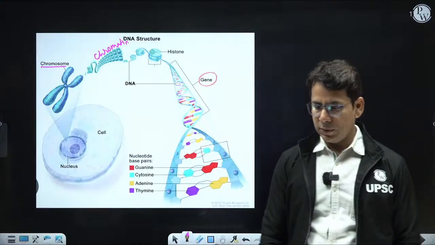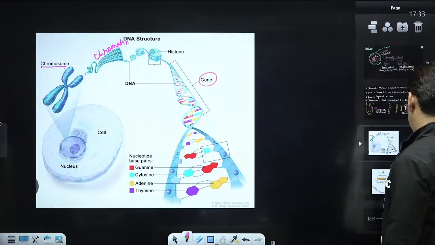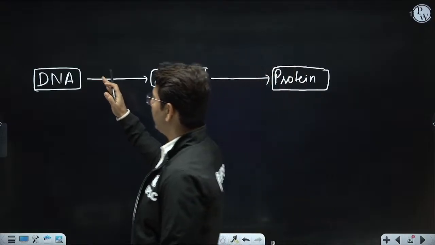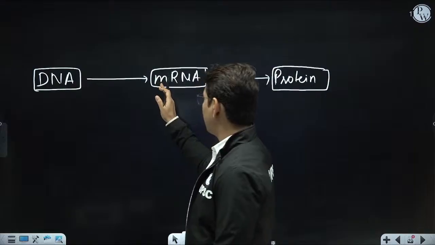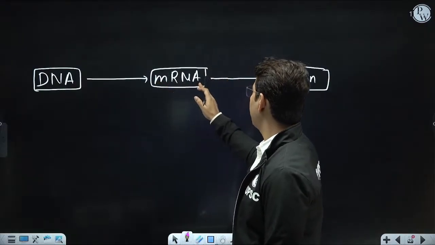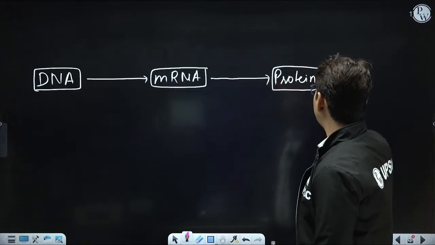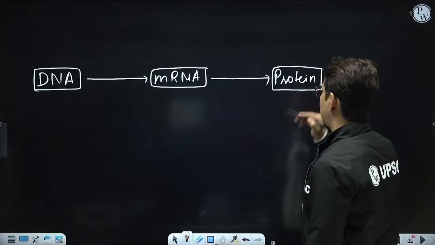Okay? And now we are coming back to the same thing here. Like I told you, the DNA has the data or information. This information is passed on to the mRNA, messenger RNA. Messenger RNA will take it to the ribosome and the ribosome will make protein. Who will make protein? Ribosome will make protein.